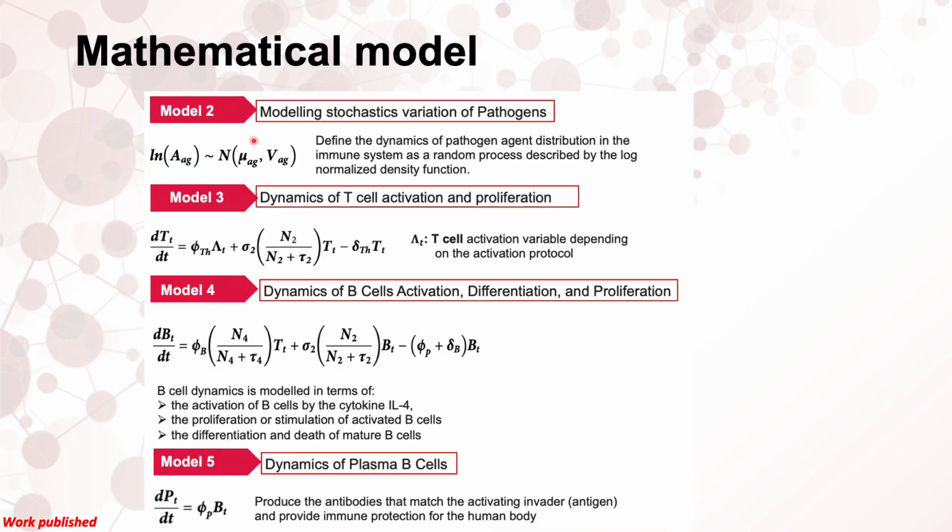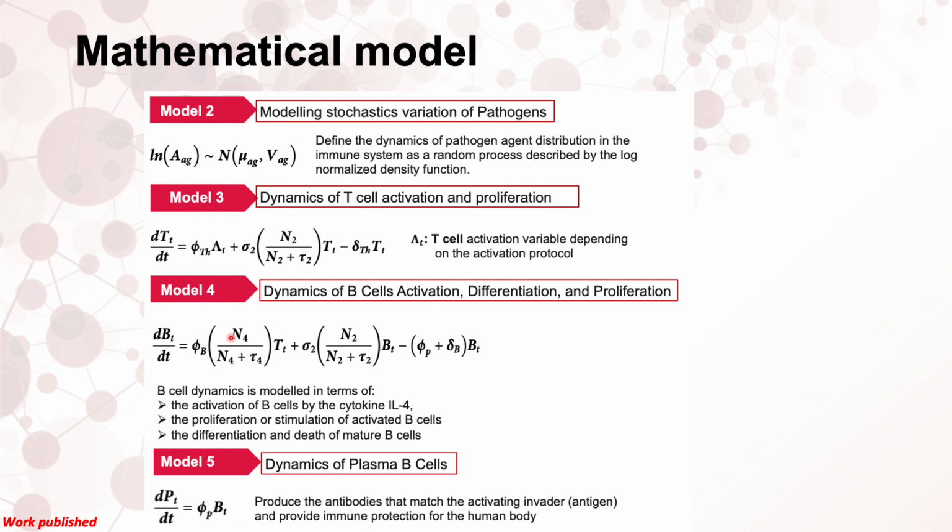We define the dynamic of the pathogen distribution in the immune system as a random process, which is modeled as a log-normal density function. Since there are possibilities that the helper T cell gets activated independently by DC and the B cell, or both simultaneously, we assign a variable to the varying nature of the activation protocol of T cells.